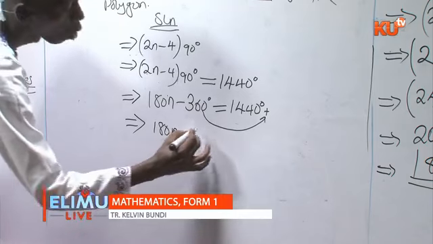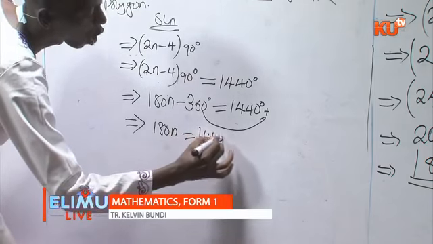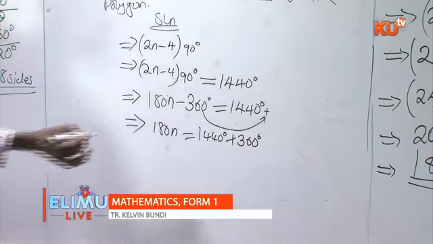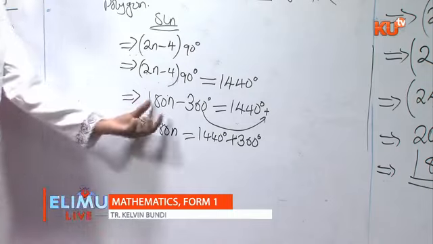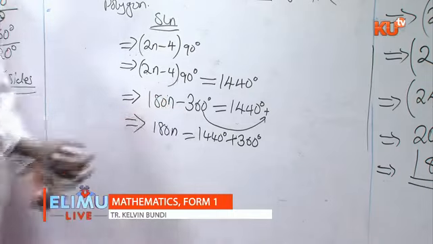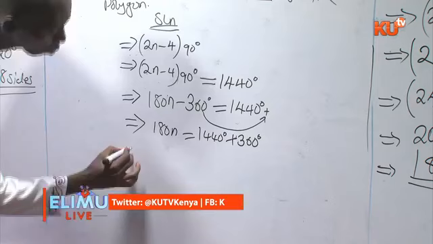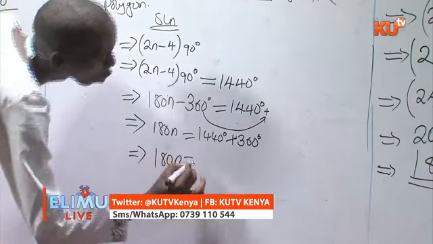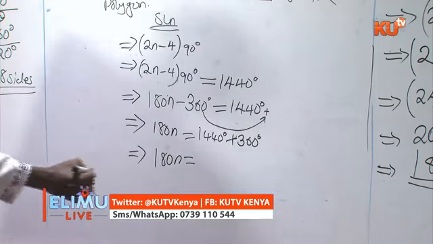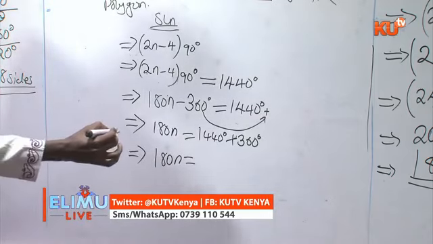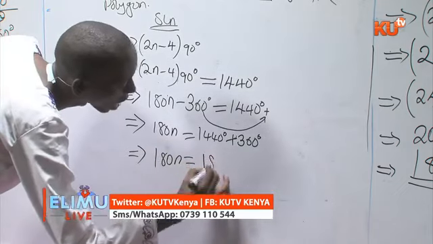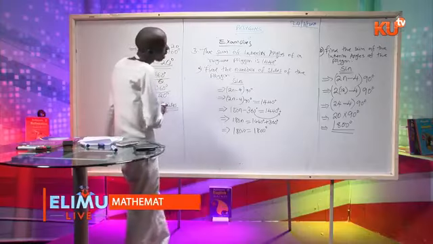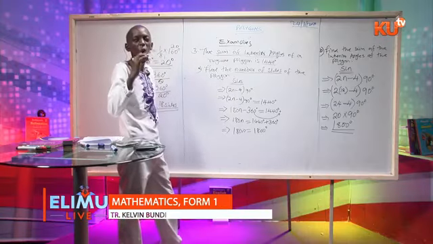So 180n is equal to 1440 degrees plus 360 degrees. The reason we are adding is because on this side 360 was negative, so when you take it to the other side, it will be positive. When you add 1440 degrees plus 360 degrees, you'll get 1800 degrees.